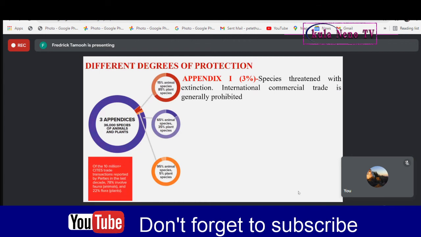And therefore, international commercial trade of species that are in Appendix 1 is prohibited. And that is agreed upon by all countries that are party to CITES.